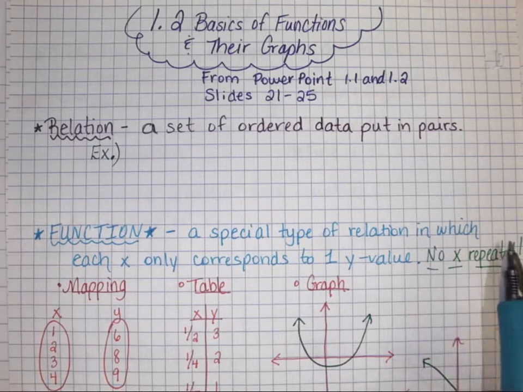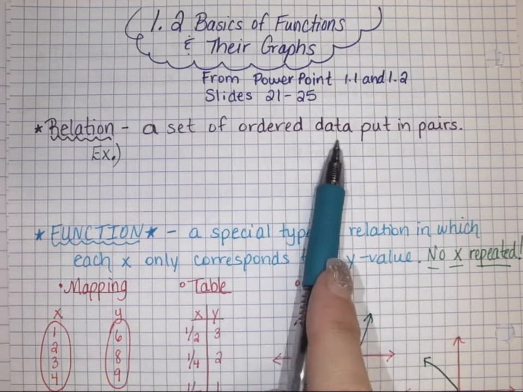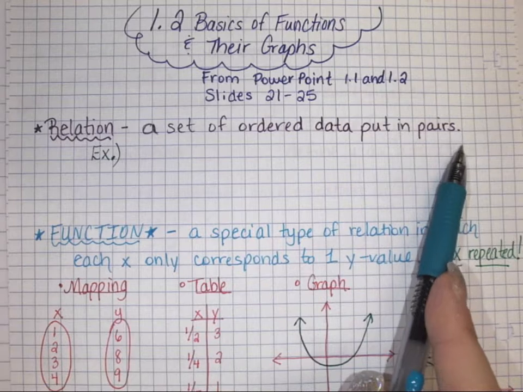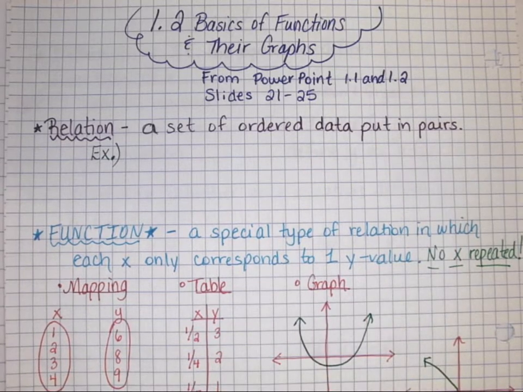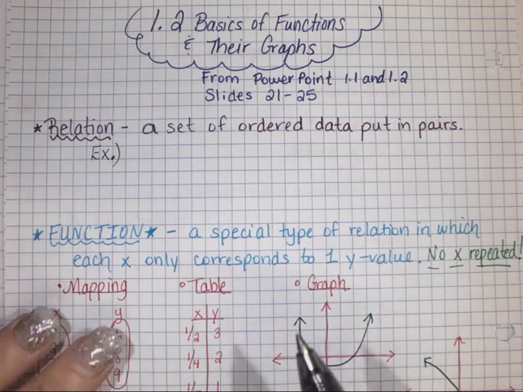A relation is simply a set of ordered data put in pairs. So for example, if we're talking about the players on an MLB baseball team, we could list every player on the Atlanta Braves corresponding to their salary.